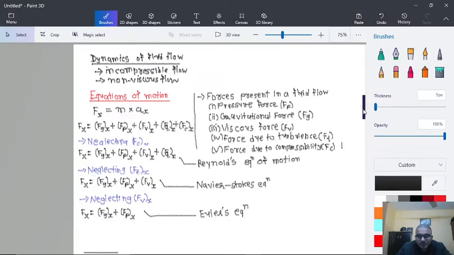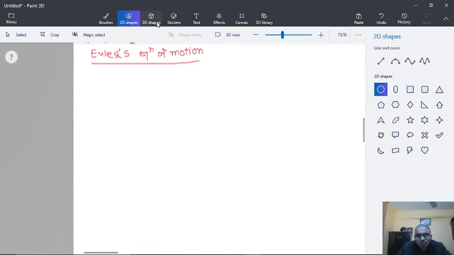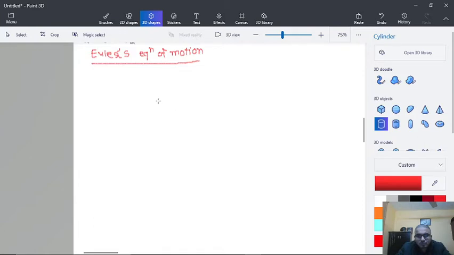Now our next topic is Euler's equation of motion. So first we will consider a fluid element.